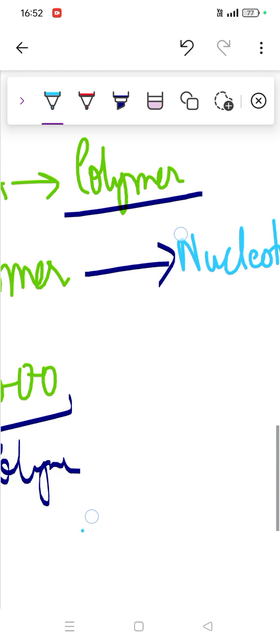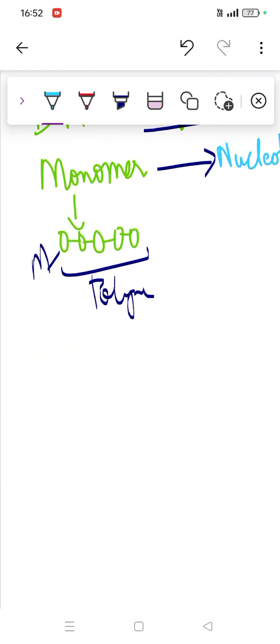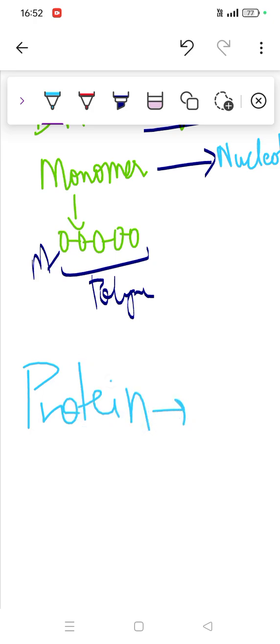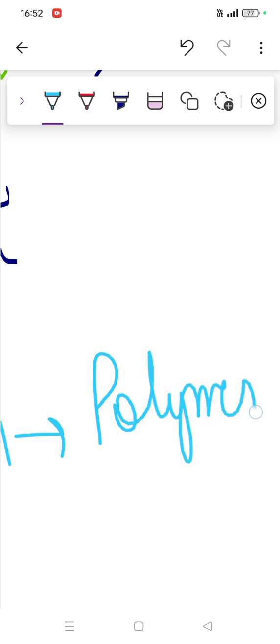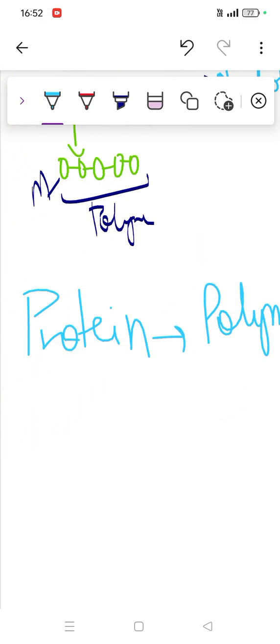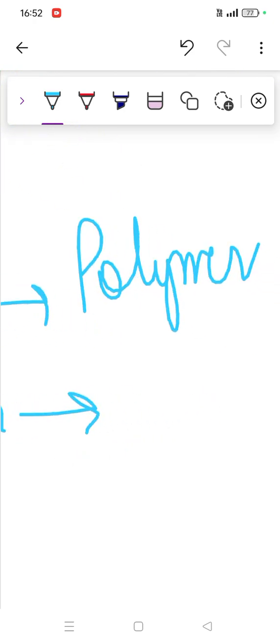Here you'll also see one more MCQ, which has been asked many times. But before that, let me tell you about protein. We know protein is also made up of small units. Protein is also a polymer made up of small chains. The monomer of protein is the amino acid.